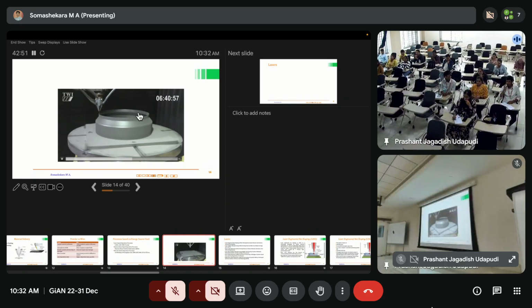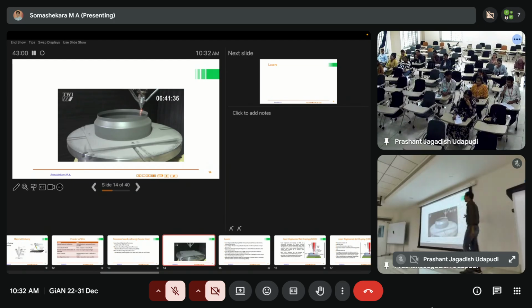So think about it: if you want to use a traditional manufacturing process for making these kinds of complex shapes, how much planning is actually required? Be it sheet metal forming, or casting, or even subtractive manufacturing, what kind of dedicated tools do you need for making this kind of component?